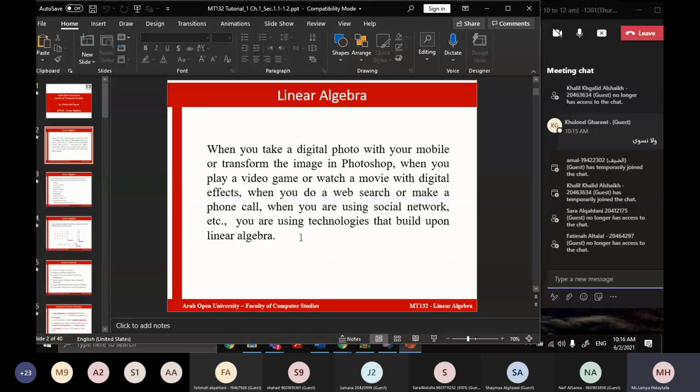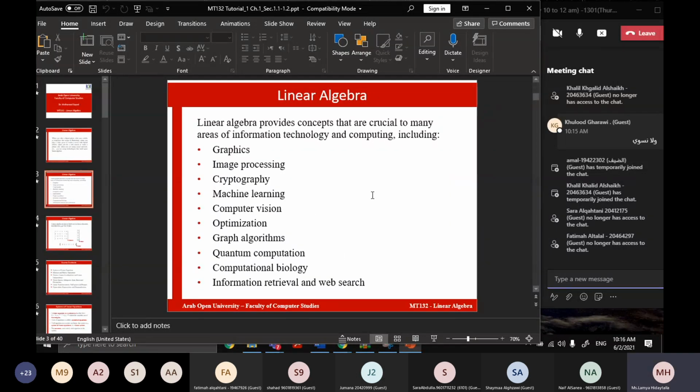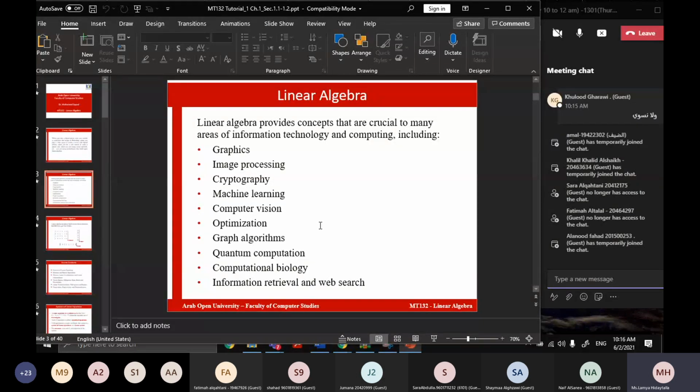So it is applied in many fields, and in these areas linear algebra is crucial. If you're doing graphics, image processing, cryptography, machine learning, computer vision, all these fields, it is crucial.